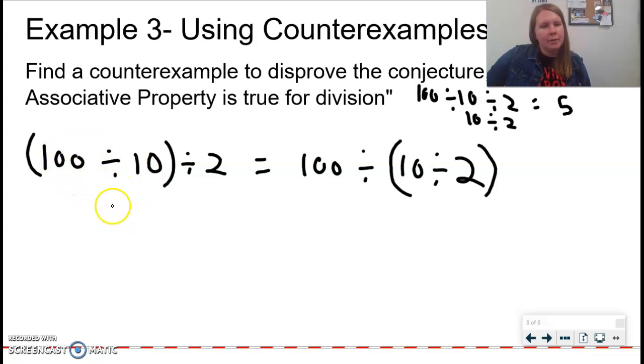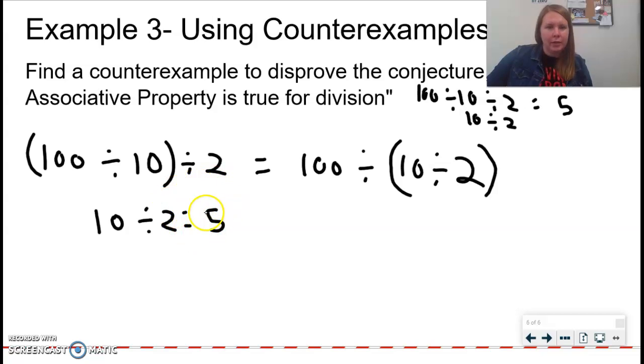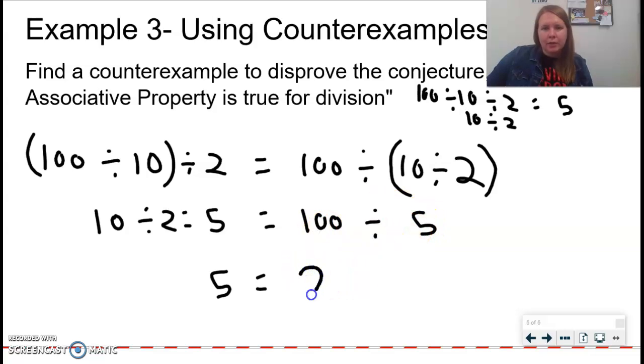So 100 divided by 10 is still 10, then 10 divided by 2 is 5. So on this side of my equation, I get a 5. All right, and how about on this side? Now we have to do the 10 divided by 2 first, which is 5, and then 100 divided by 5 would actually be 20.